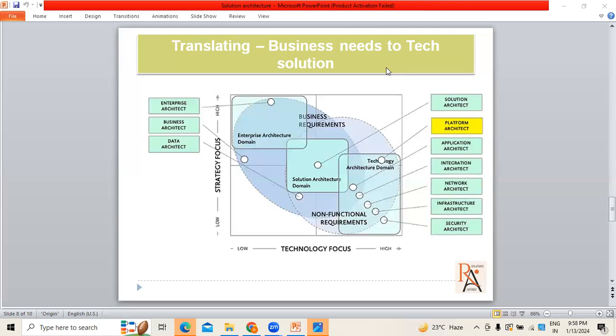Application perspective majorly represents the type as well as the kind of applications, as well as tools, which will be used within the organization.